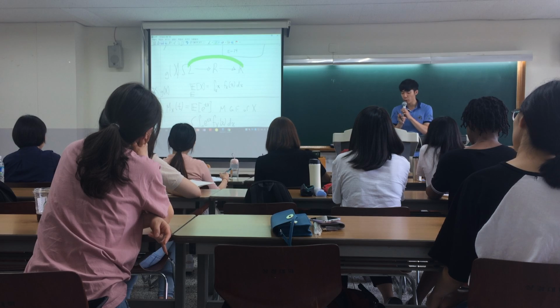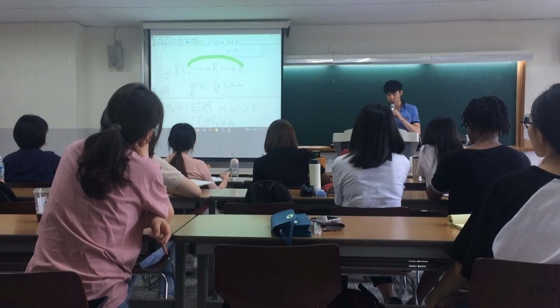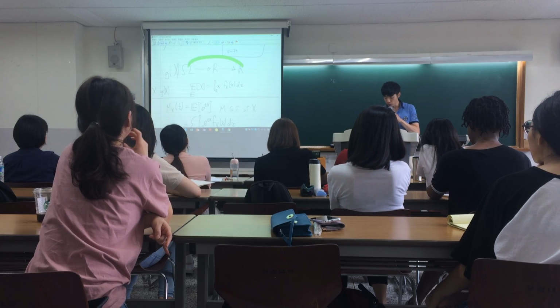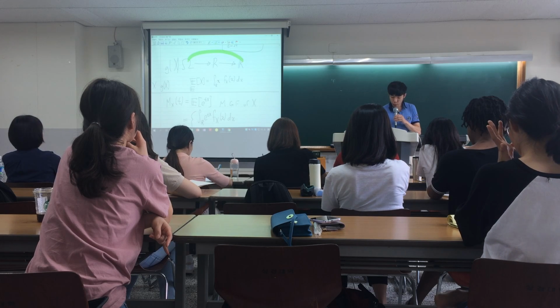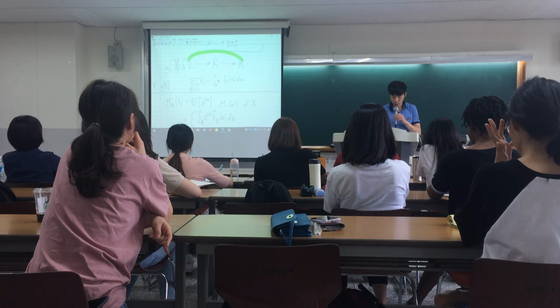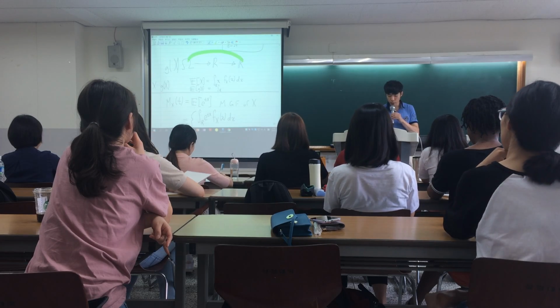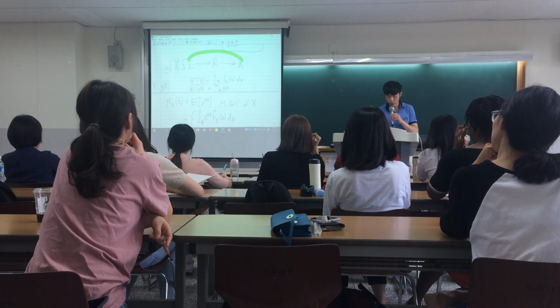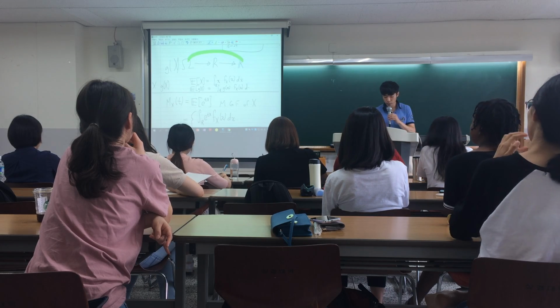So g of x is another random variable where g is just a function going from R to R as long as certain properties are satisfied. And we can talk about the expectation of g of x. That's just going to be the integral of g of x times f_X of x, dx.